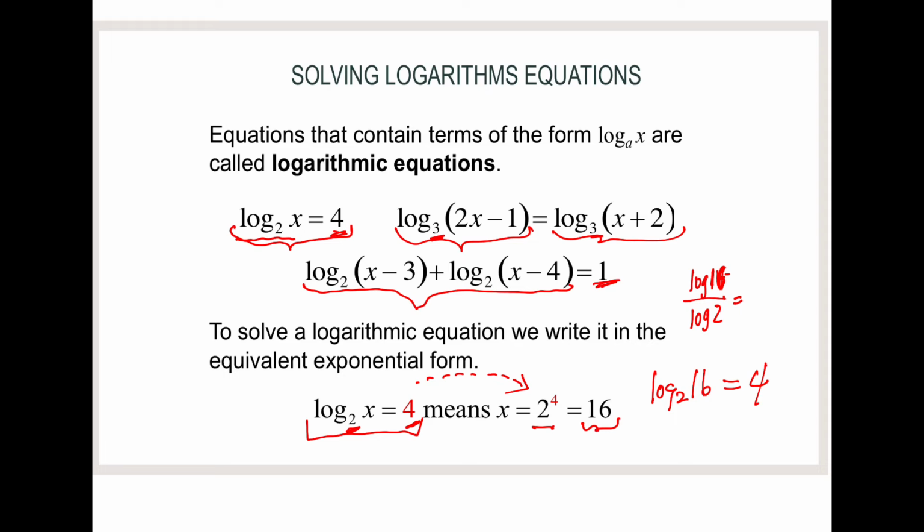So we're using the log on our calculator. Log base 10 of 16 divided by the log base 10 of 2, and we get 4. And you can do it with ln as well. So this would also work with the log base e, ln of 16, divided by the log base e of 2. Both of these give us 4.